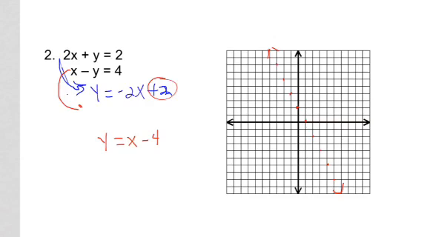Then we have our second function, which starts at negative 4. And it's a positive x, so it rises 1, right 1. That's our common point, or our point of solution. And we just continue up the graph.